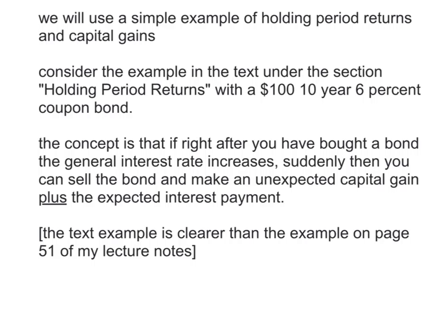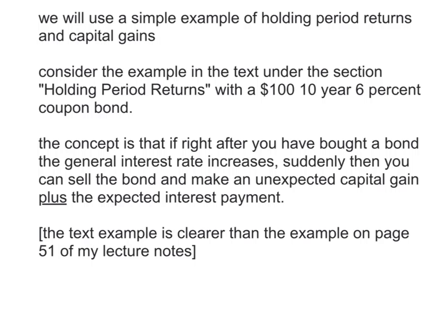Let me finish off by referencing again the story of interest rate risk. The textbook has a little example that's a good example of the issue of interest rate risk. It occurs in the section of chapter 6 under holding period returns.